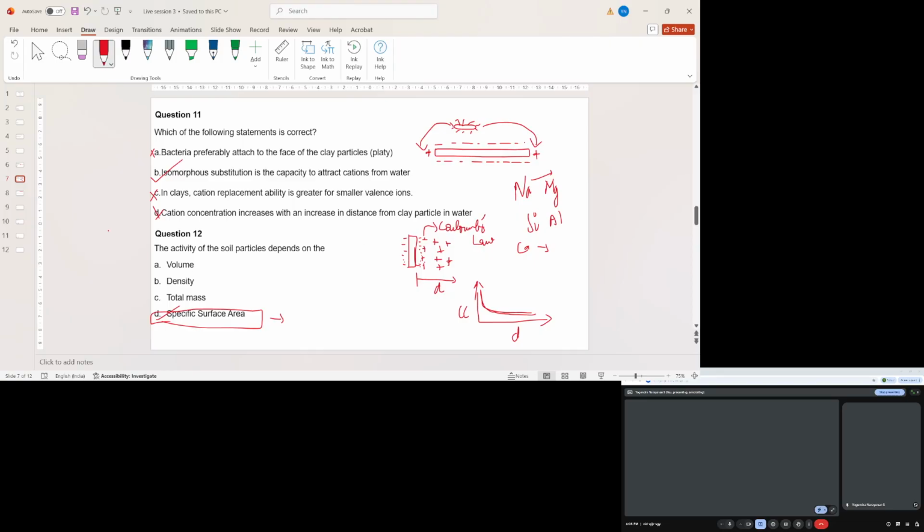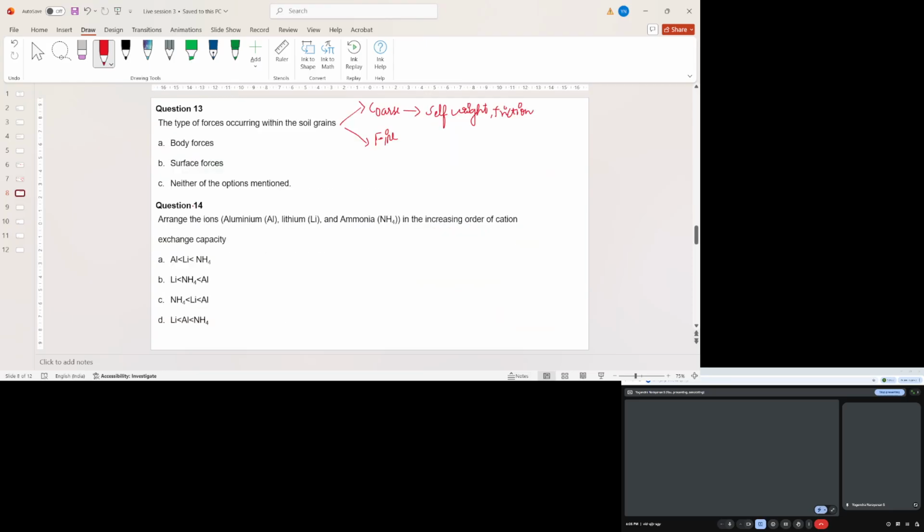Now coming back to this, fine grained soil, due to their charged nature, has charges essentially at the face or its surface.